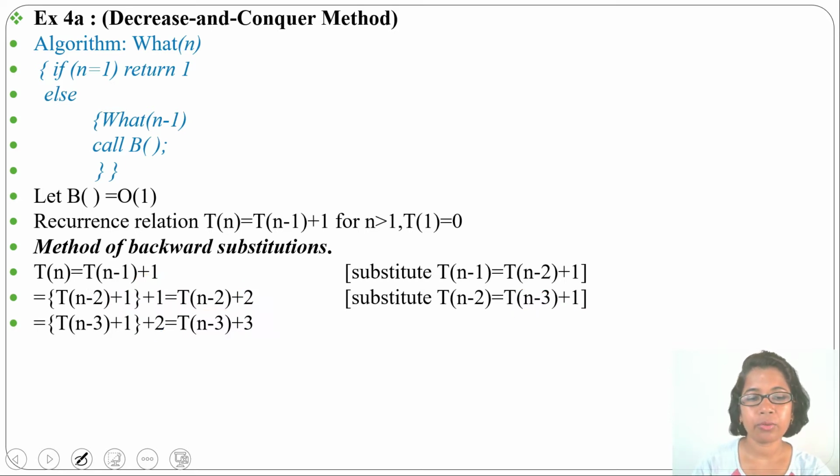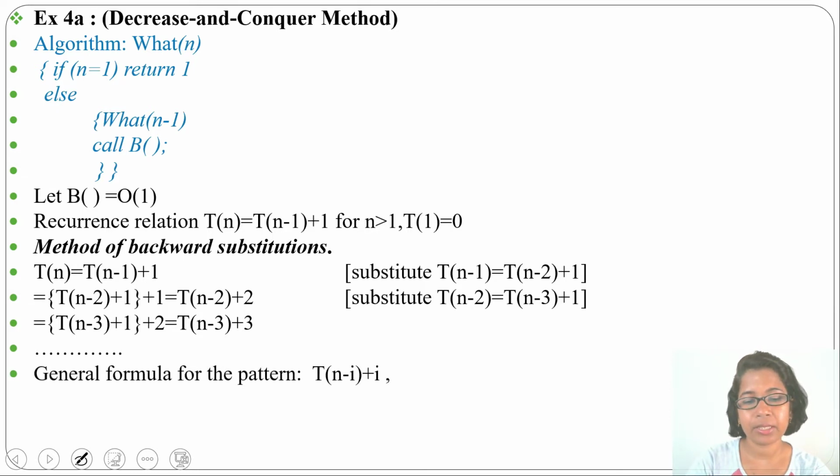Just do one or two steps so that you can guess the general pattern. So like this it will continue. From this we can guess the general pattern as T(n-i) + i. Now what is the initial condition? T(1) = 0. Just compare this n-i with 1. Assume n-i equals 1, so that we are reaching the initial condition.